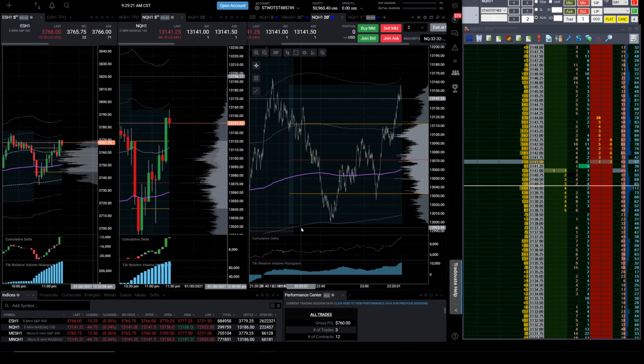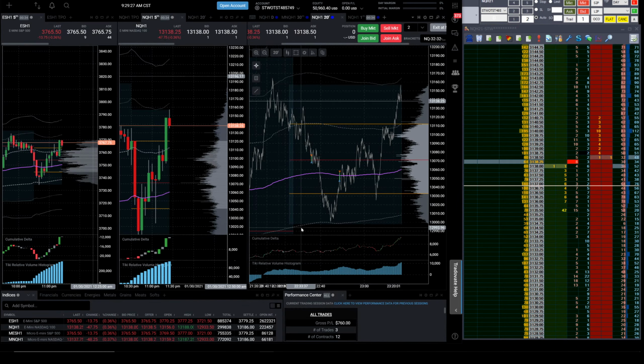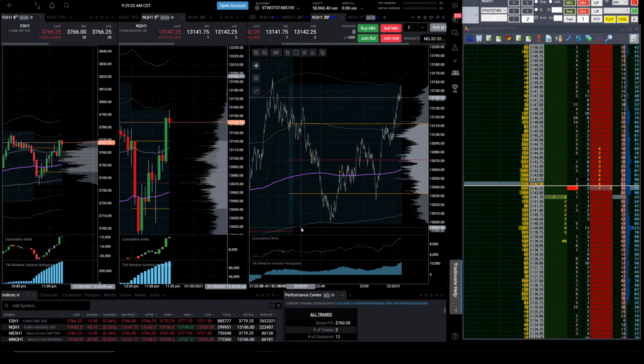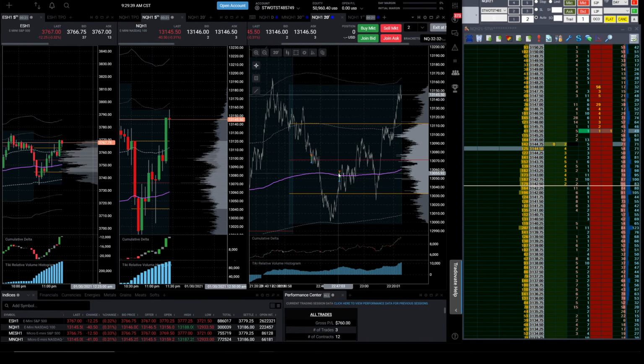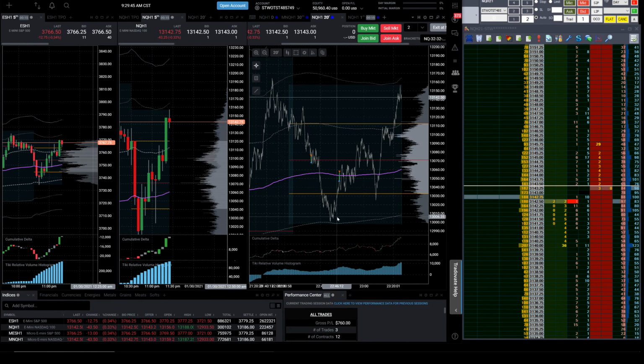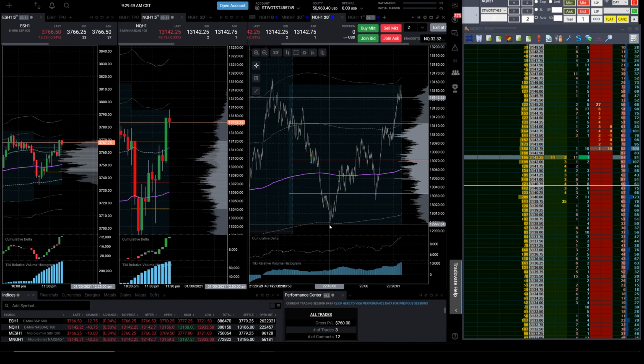But I really have to figure out a way to take more of the move, which will necessitate a better entry. Obviously, this entry, no good. I got off on this bracket, right? But you need to have an entry down here somewhere where you have a minimum risk.